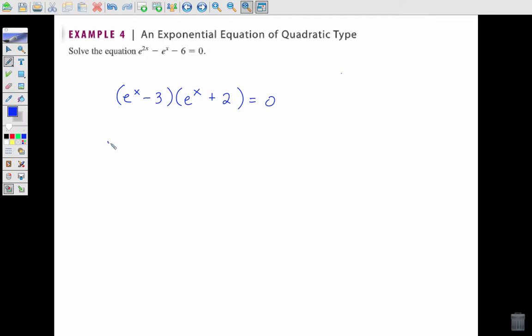So I've factored. I know that either this equals 0 or this equals 0 because of the zero product property. So I'm going to solve for e to the x on both of these.